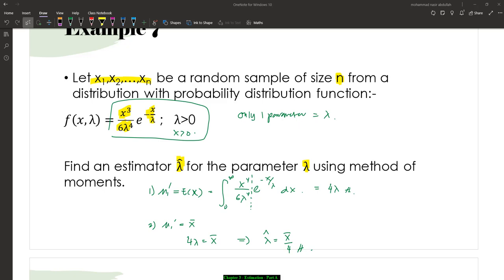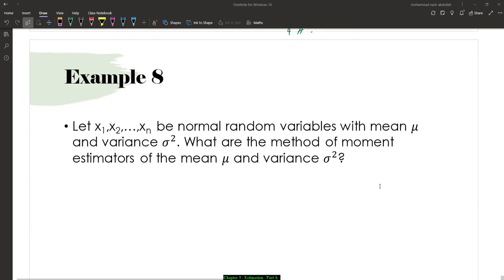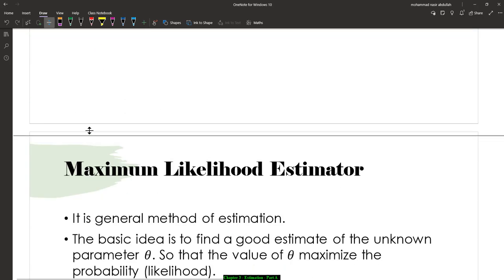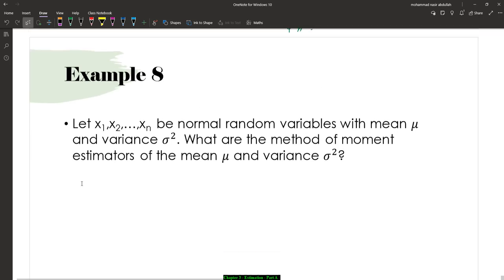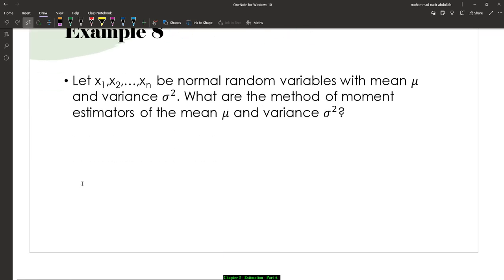Now let's look at the last example for method of moment, and then next we will go into maximum likelihood estimator. For example number 8, let x1 until xn be a normal random variable with mean equal to mu and variance equal to sigma squared. What are the method of moment estimators for mean and variance?